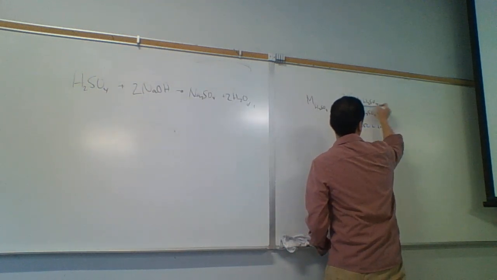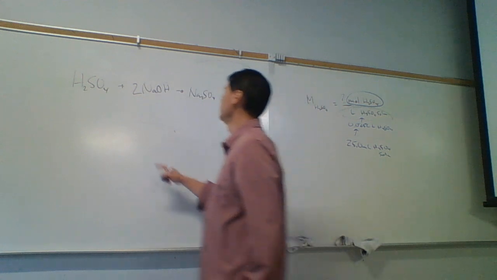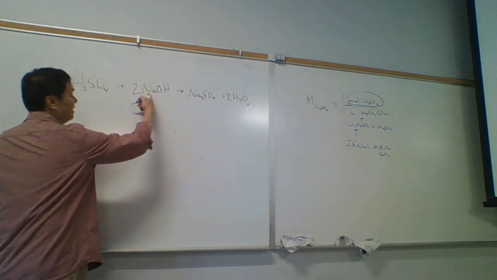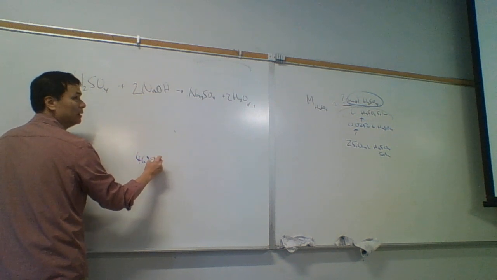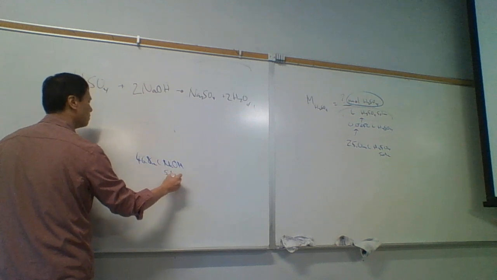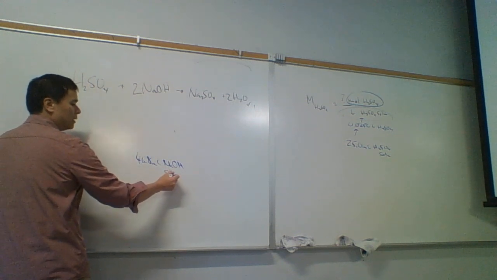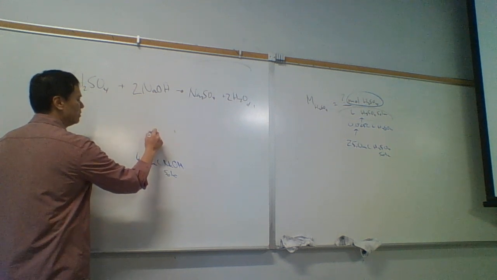The moles of H2SO4 are going to come from stoichiometry. And here, we're going to do it like this. So what are we given? We're given 46.8 milliliters of NaOH solution. And we know the molarity, so we want to go from milliliters of solution to liters of solution.